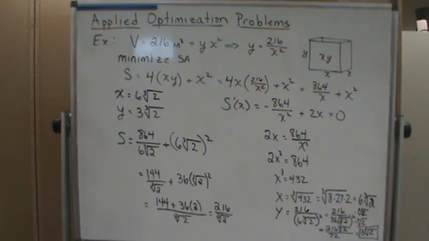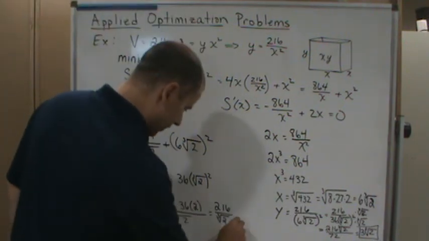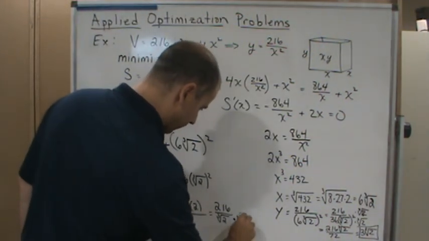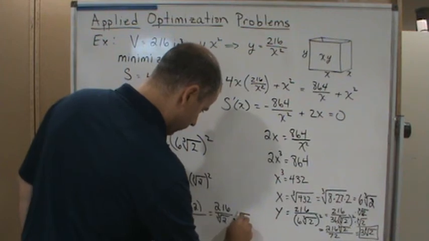And so now I've got to rationalize the bottom, so I'm going to multiply the top and the bottom by the cube root of 2 squared.